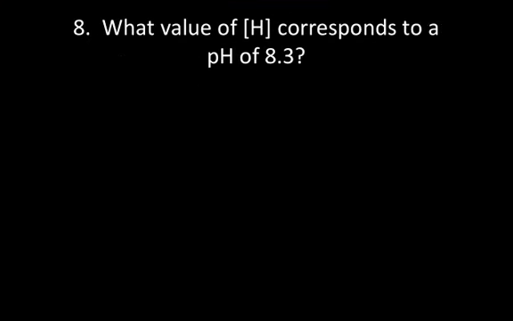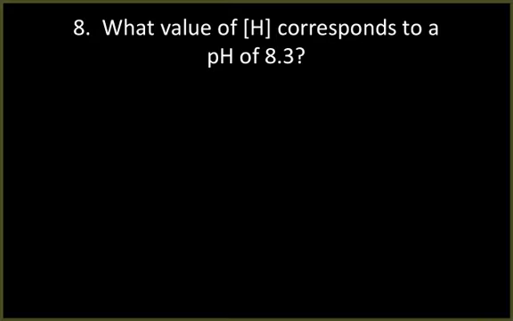What value of H corresponds to a pH of 8.3? Again, plug in and solve. A couple of things that we know here: we can get our H plus concentration from pH using 10 to the negative pH.